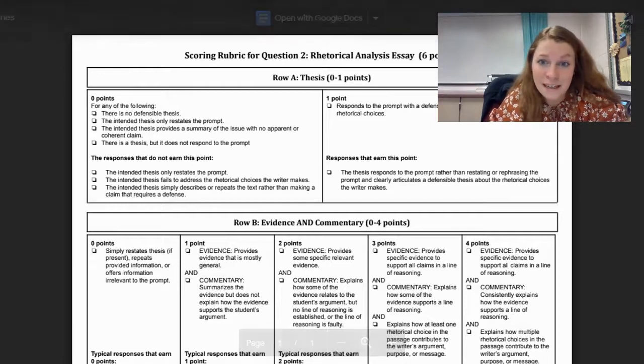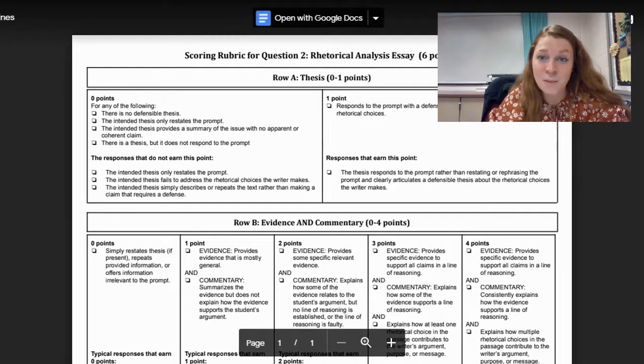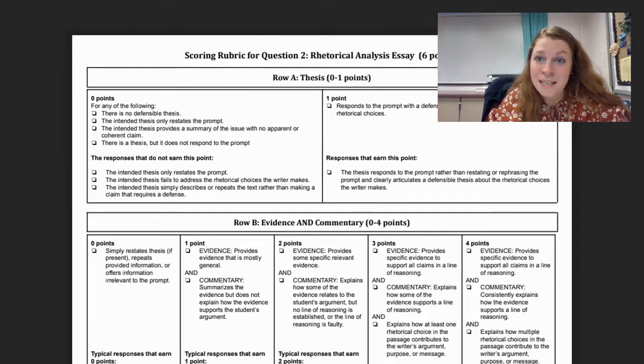You do get a point if you have a thesis that analyzes the writer's rhetorical choices. So basically, as long as you have that SOAPSTone template and you follow it, you'll be fine. So list them. Even if it is simple, it's okay, because you get to those points. List those 2 to 3 rhetorical choices. Is it their diction? Is it their tone?